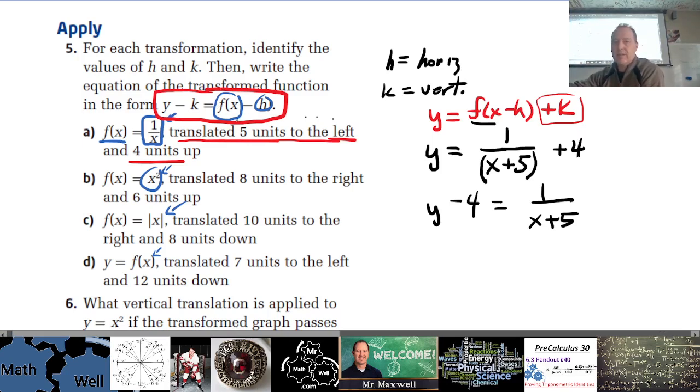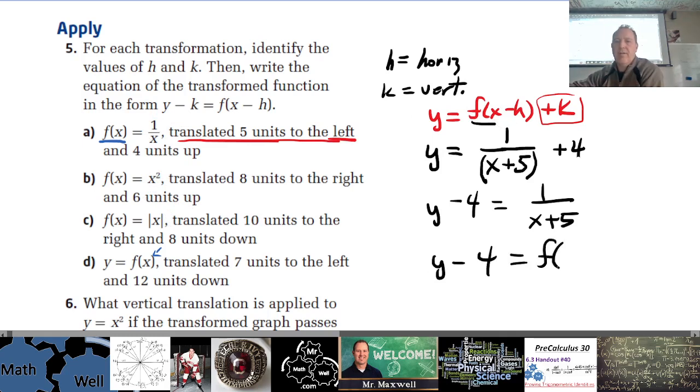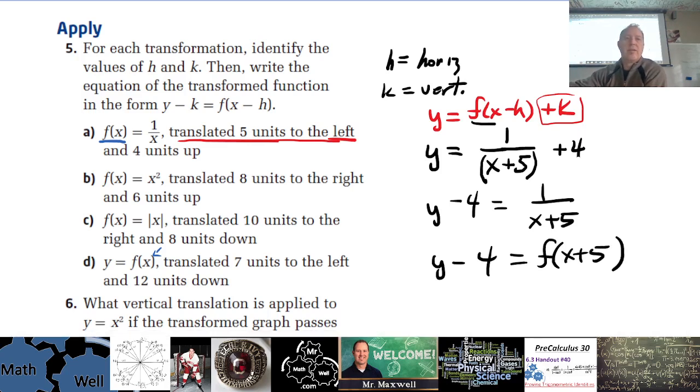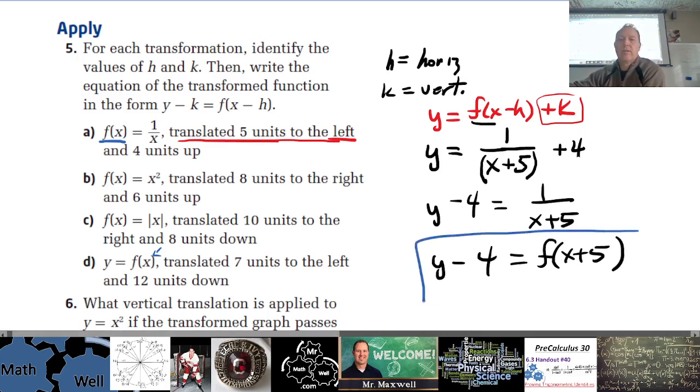I guess they're not really requiring you to do this for this question, but this is something you're going to have to know how to do pretty quick. This is when the actual f of x is replaced. I'm not sure why they gave you these then, but if the back of the book says just the f of x, this is what it would look like: y minus 4 equals f of x plus 5.